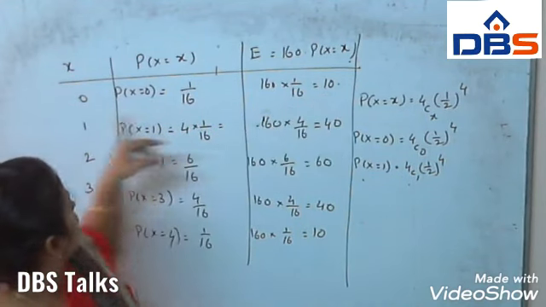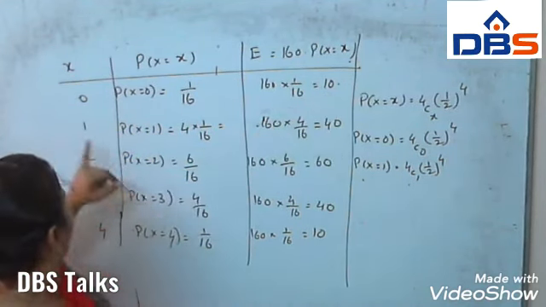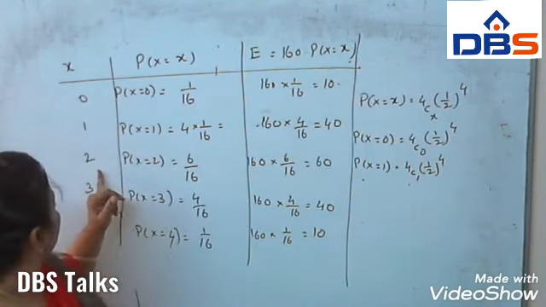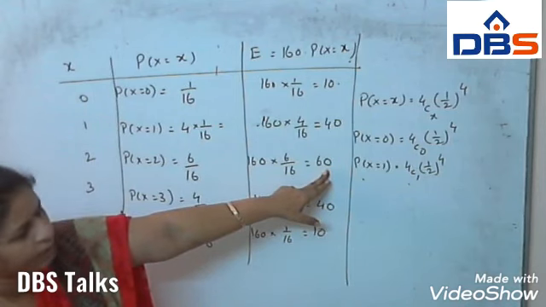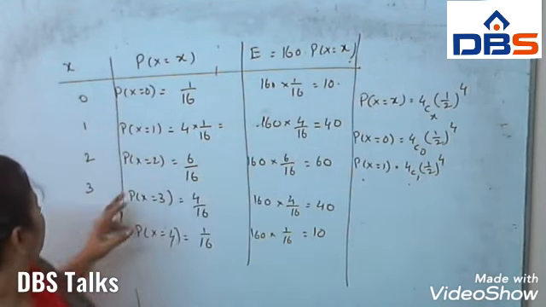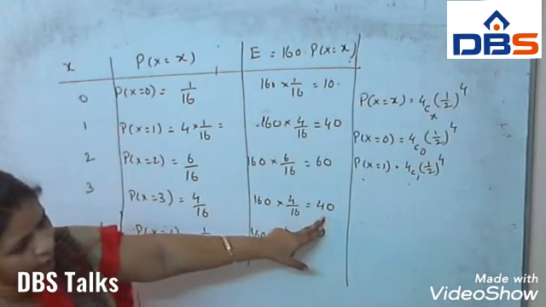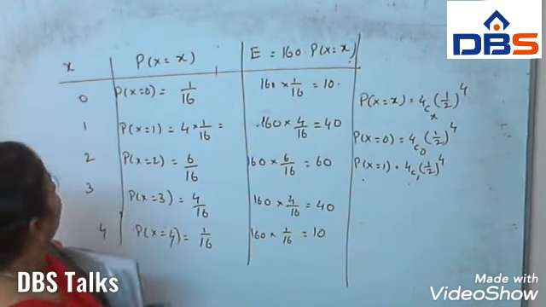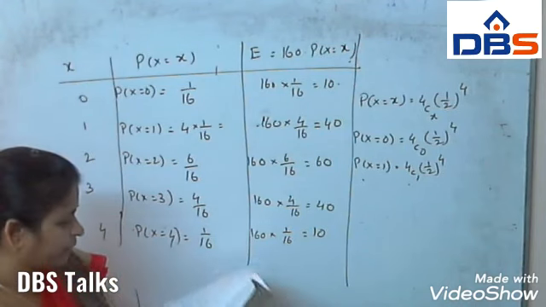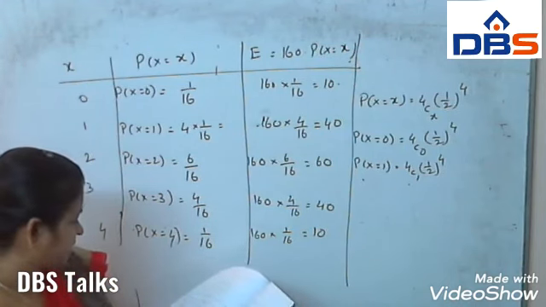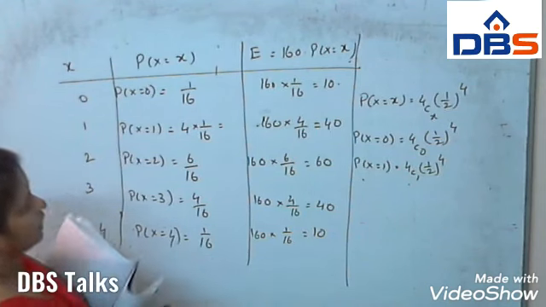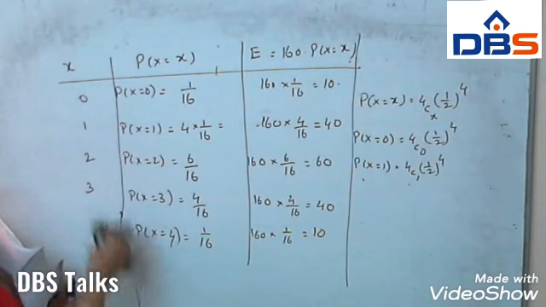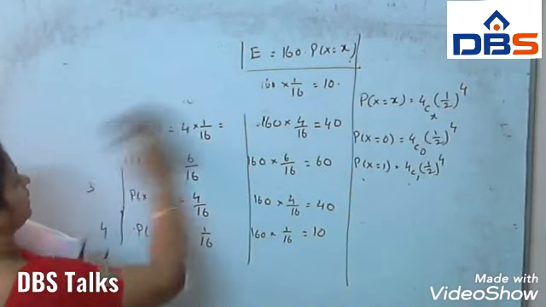As per the formula, 1 head we have to get 40 times, 2 heads 60 times, 3 heads 40 times. But as per observed values, 0 heads we got 17 times. So now we have to compare observed values and expected values. From that we can test whether this data is correct or not.